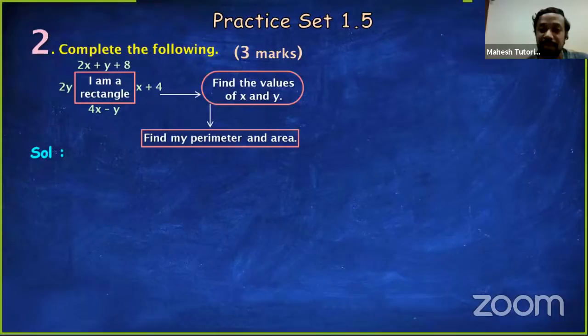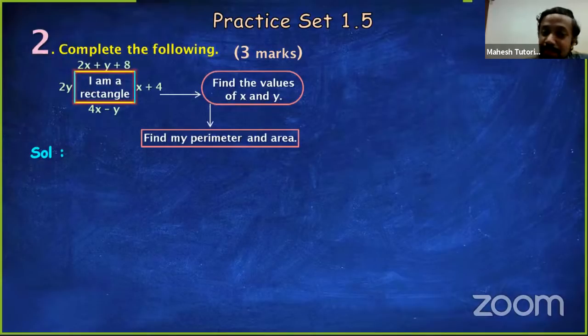Now, students, tell me, the geometrical figure which has been given to us in this sum is a rectangle. The dimensions of the rectangle are its length and the breadth. And I think we have already learned in our lower standards that the opposite sides of a rectangle are always equal. So students, now in this rectangle, these two lines represent the length.